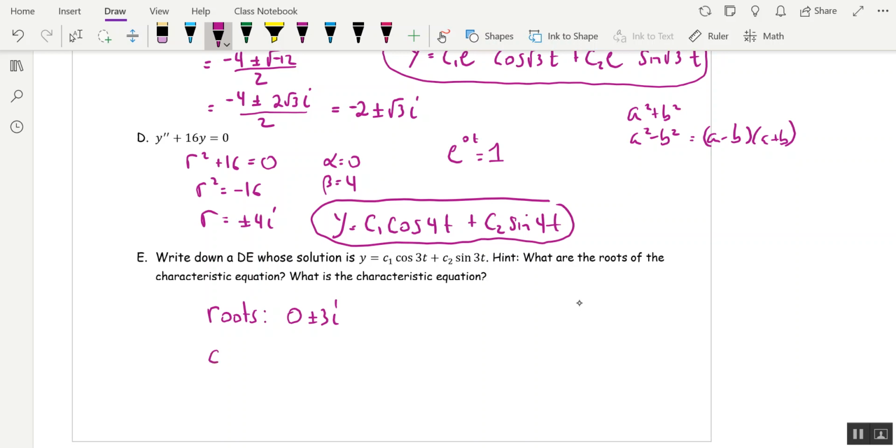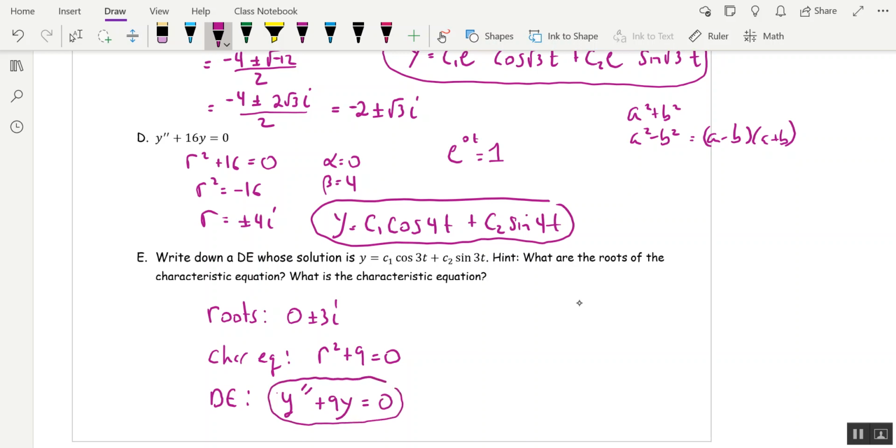Okay, so the characteristic equation, again, just looking at the last example, must be r squared plus 9 equals 0, because r is plus or minus the square root of negative 9. Okay, and finally, once we have that, we can write down the DE. The r squared corresponds to y double prime. There's no y prime term, and the 9 corresponds to plus 9y, and that equals 0. So there's our DE.